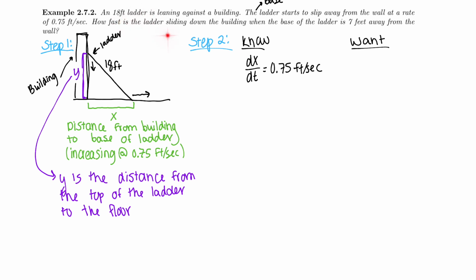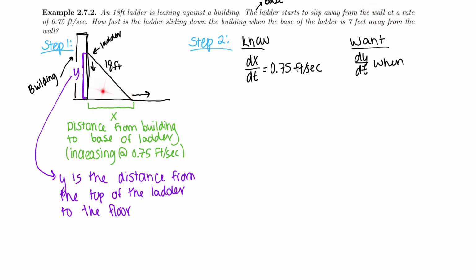So when it says how fast is the ladder sliding down the building, what it's really asking is how fast is this dy dt getting smaller? How fast is y getting smaller? So what is dy dt when the base of the ladder is 7 feet away from the wall? So we want dy dt when the base of the ladder is 7 feet from the wall.